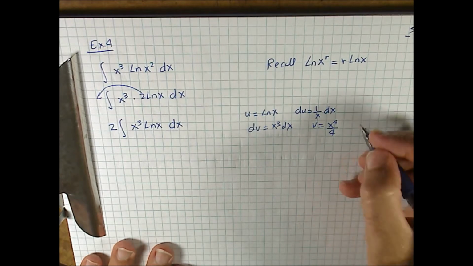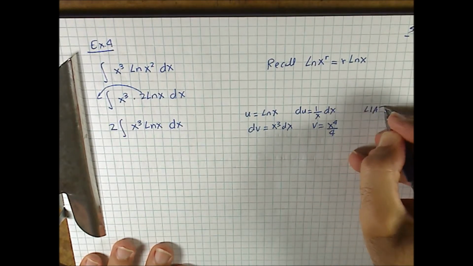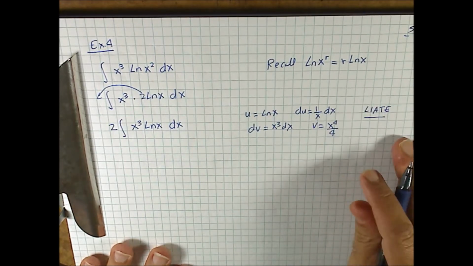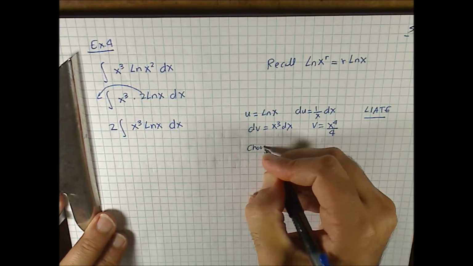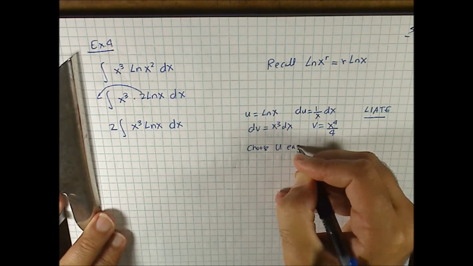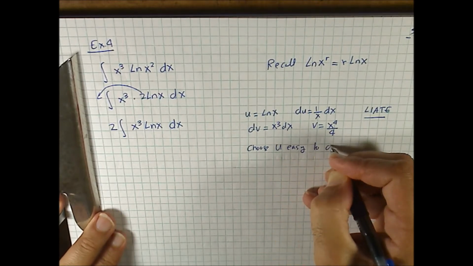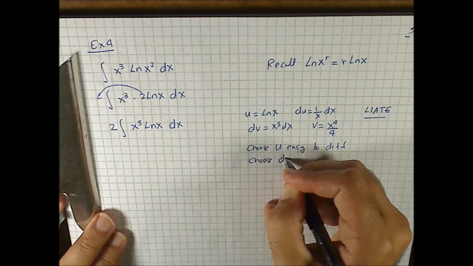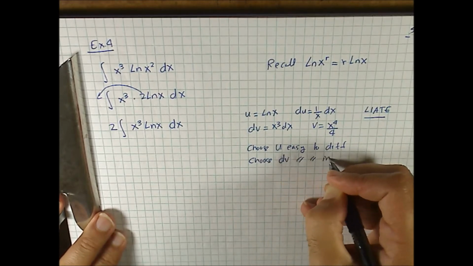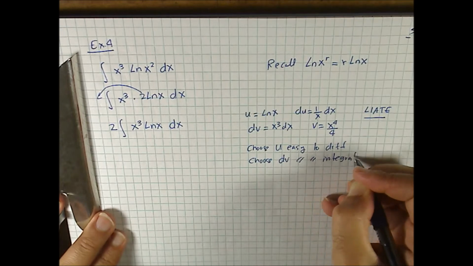One way is to use the LIATE principle. That's like a little trick that we can memorize. Another way is to think of it as choose u easy to differentiate. Choose dv easy to integrate. And perhaps this is a more natural way of thinking about it.